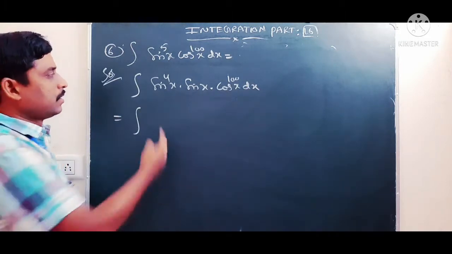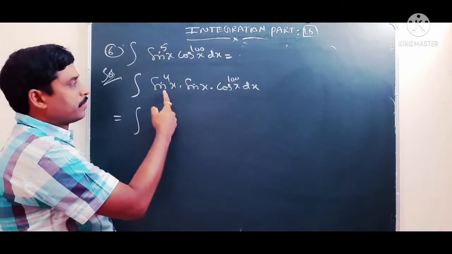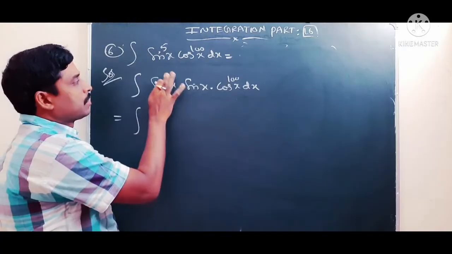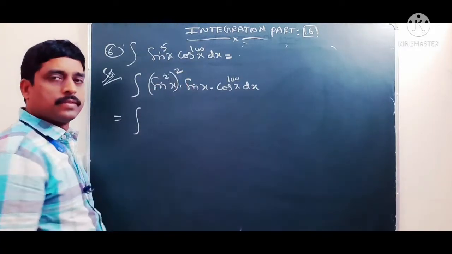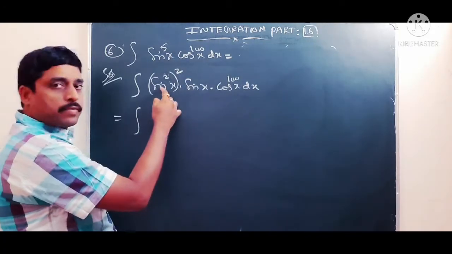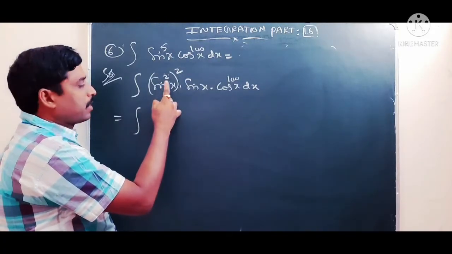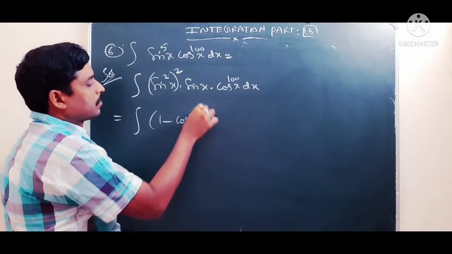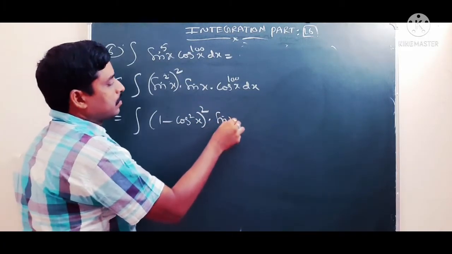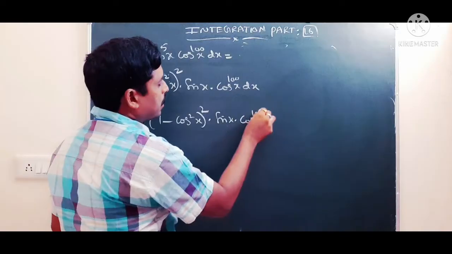Now sin to the power 4 can be written as sin square x whole square. So sin square x is 1 minus cos square x whole square into sin x into cos power 100x dx.